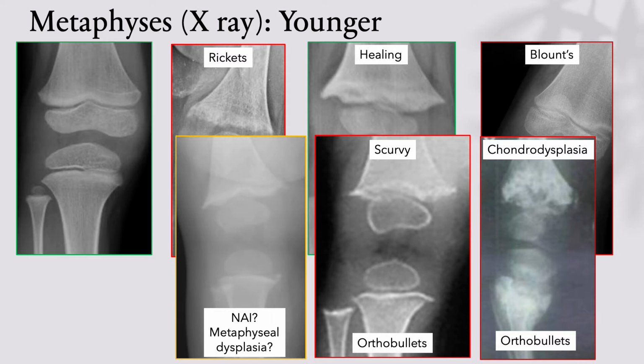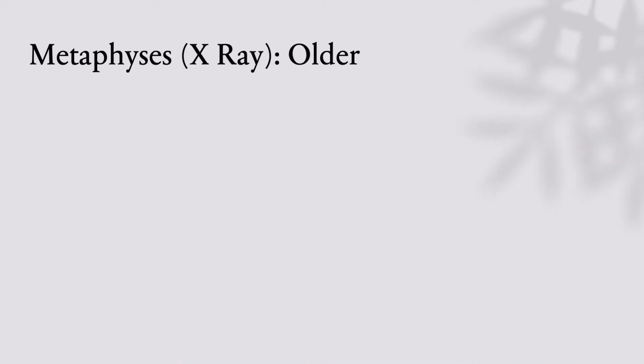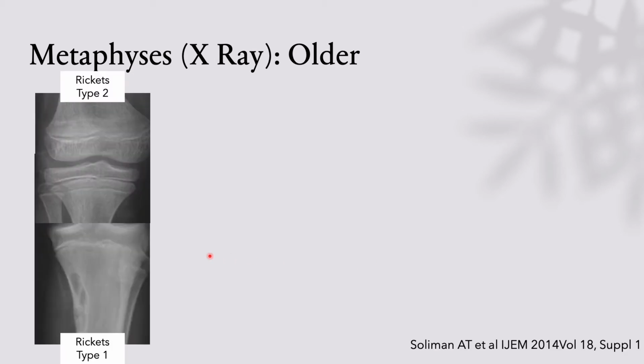If you see marked irregularity and distortion of the metaphyses, but you notice it on both sides of the knee joint, then it could be something more diffuse, like a skeletal dysplasia. In older individuals, the findings are a little harder to pick up, but there are 2 types of abnormalities described in rickets.